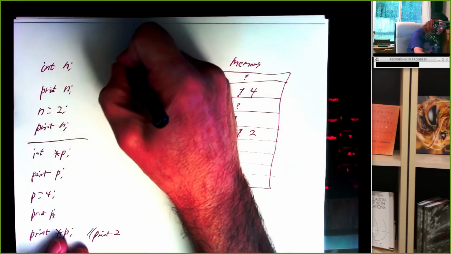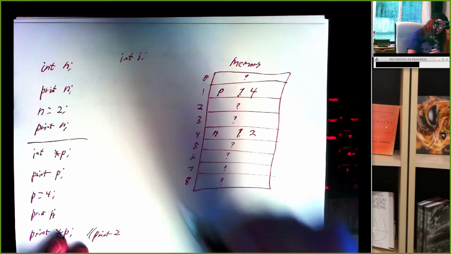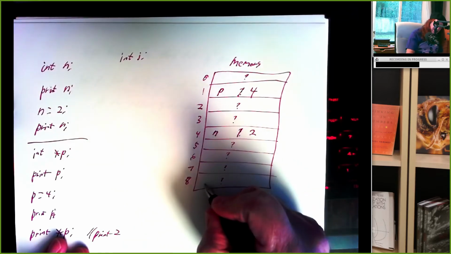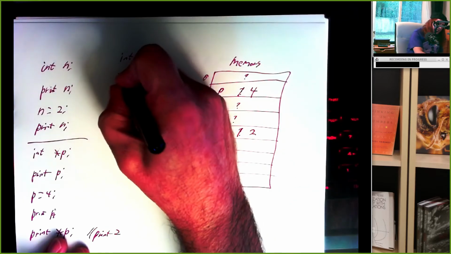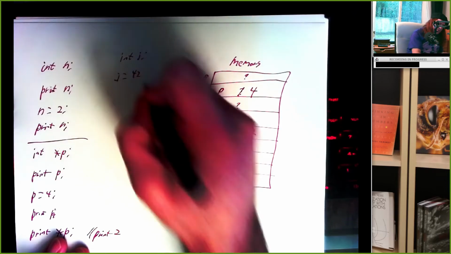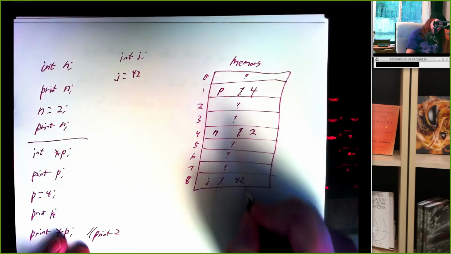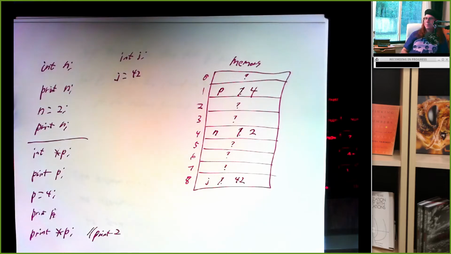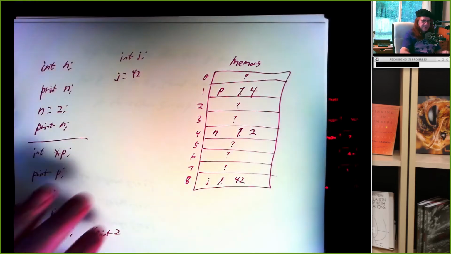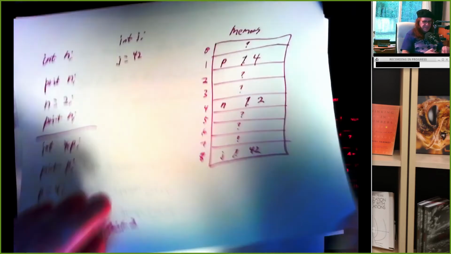Alright, so suppose I also have an integer j, and let's say j is stored at location 8, and I set j equal to 42. So there's a 42 stored right here. Alright, so I can use an ampersand, and an ampersand does the following.